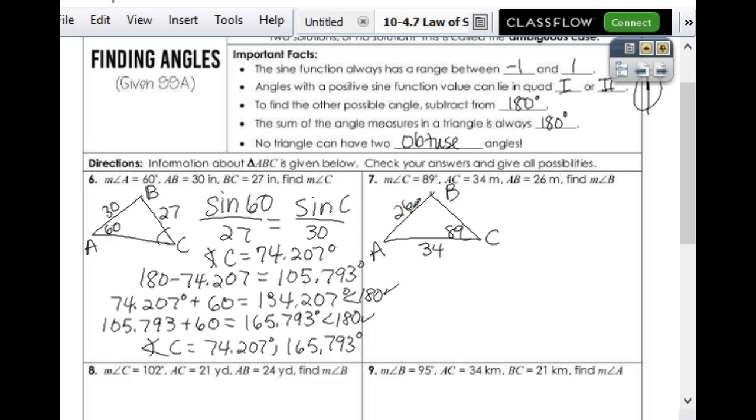I'm looking for angle B, so you have to test again. I have the sine of 89 over 26 equals the sine of B over 34. You're going to cross multiply, and you're looking for the angle again, so you have to use the inverse sine again. Everybody try this and tell me what you get for angle B.